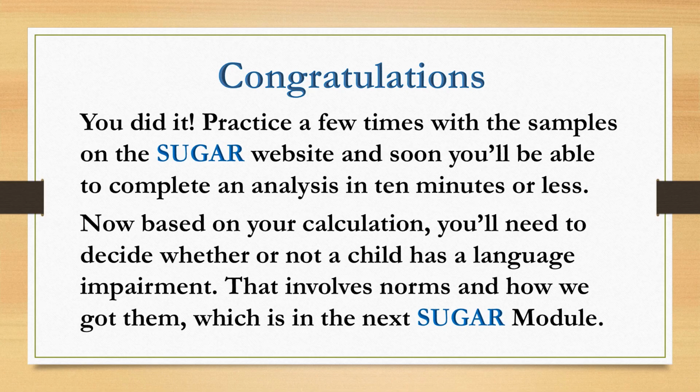For example, a low total number of words tells us that the child didn't talk very much. Does that mean the child has a language impairment? Maybe she's shy, or he's having a bad day, or doesn't like me very much. It's the totality of the data that must be considered.